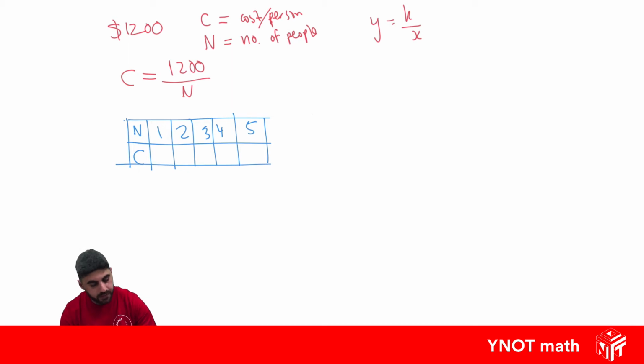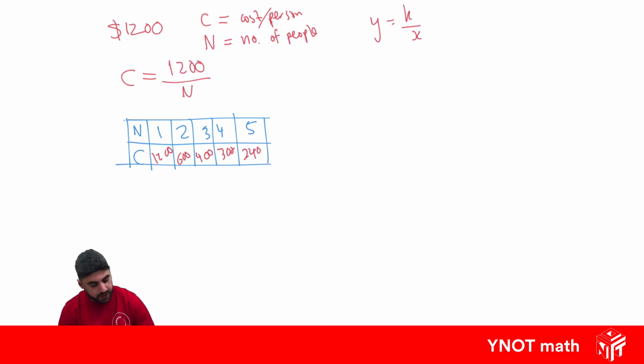Now, if we start with N equals 1, we just have 1,200 divided by 1, and that's going to give you 1,200. 1,200 divided by 2 is going to give you 600. 1,200 divided by 3 is going to give you 400. Divided by 4, 300, and divided by 5 is 240.